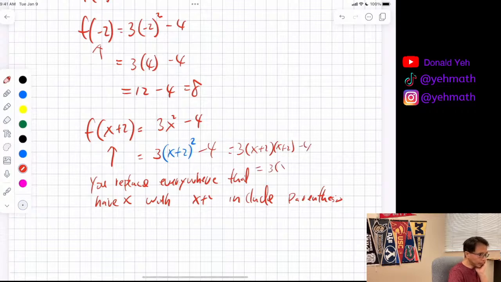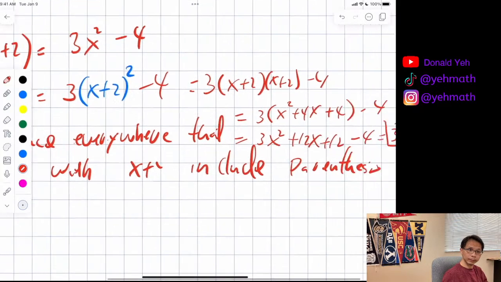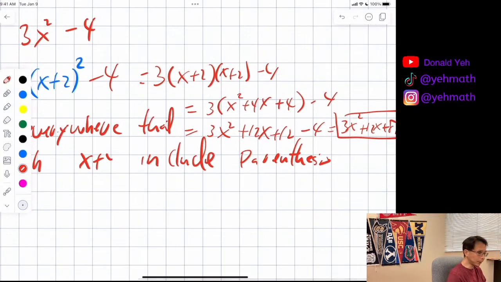That's going to be 3x squared plus 12x plus 12 minus 4, which is 3x squared plus 12x plus 8. So that is the answer. Just replace whatever x with x plus 2 with parentheses on it. Always put parentheses on it. Does that make sense?